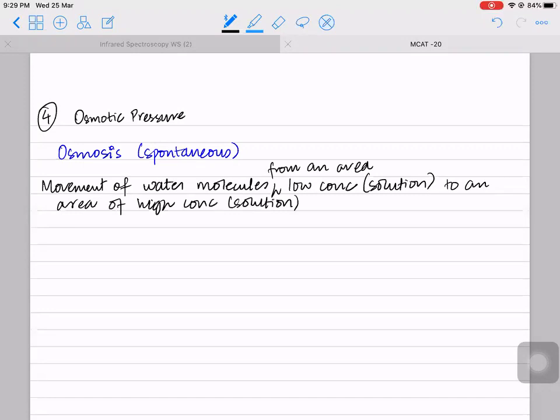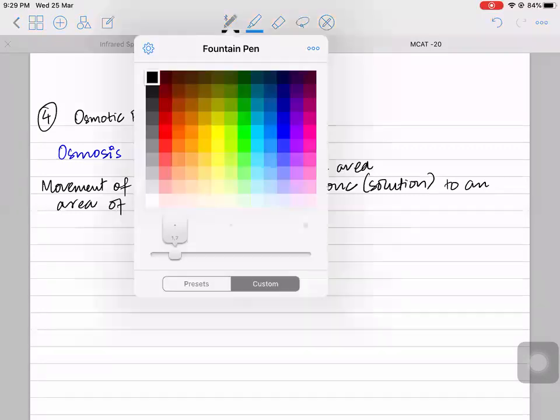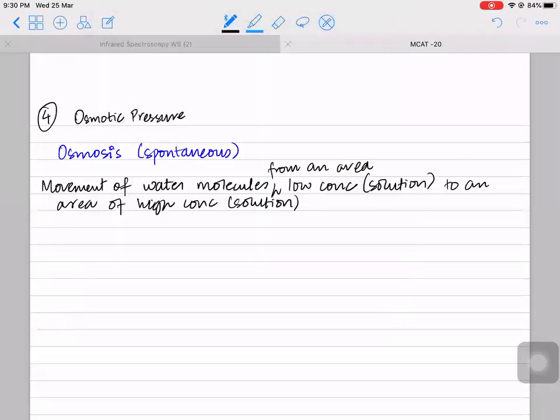So you can also say that water goes from where you have more solvent to an area of lower concentration of solvent. And this is going to be happening through a semi-permeable membrane.